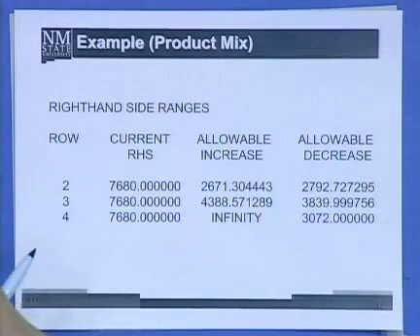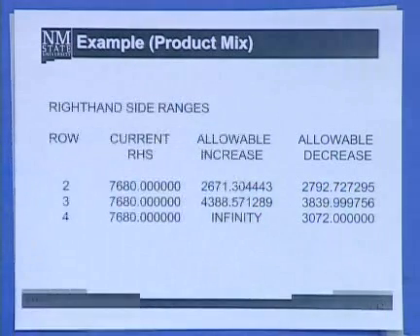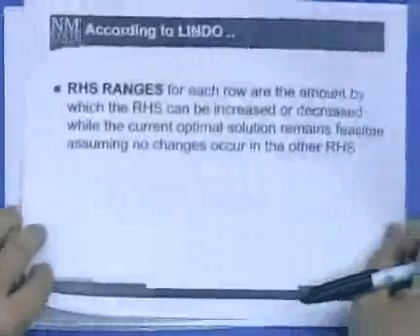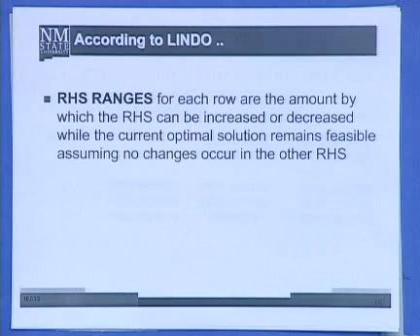And the right-hand side ranges for each row tell us that within these ranges of values, the current optimal solution remains feasible. So some people say it is the range of feasibility. Okay?